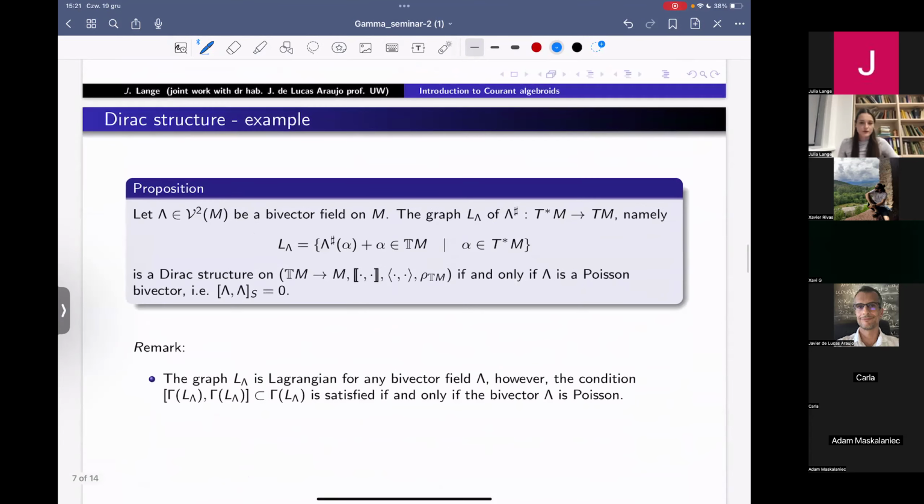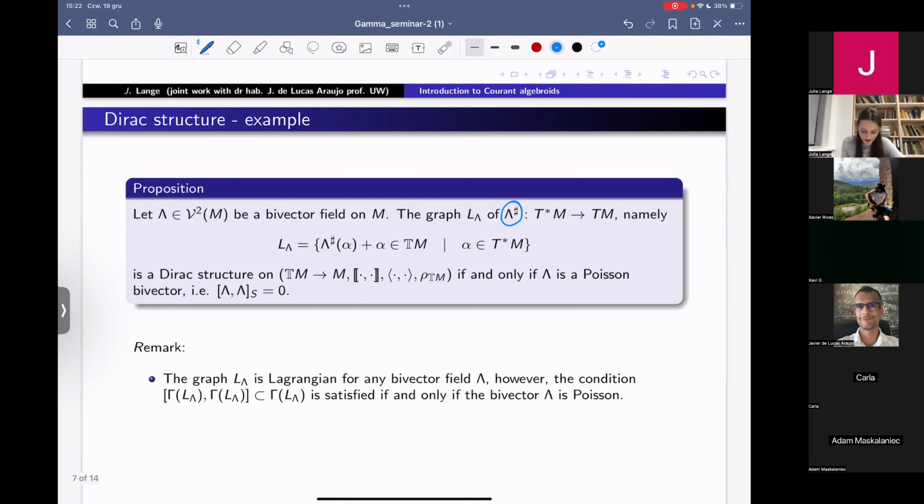Now let me give you some basic examples of Dirac structures. So assume that we are given some bivector field lambda on M, and then we consider the graph of the map related to our bivector, lambda sharp.